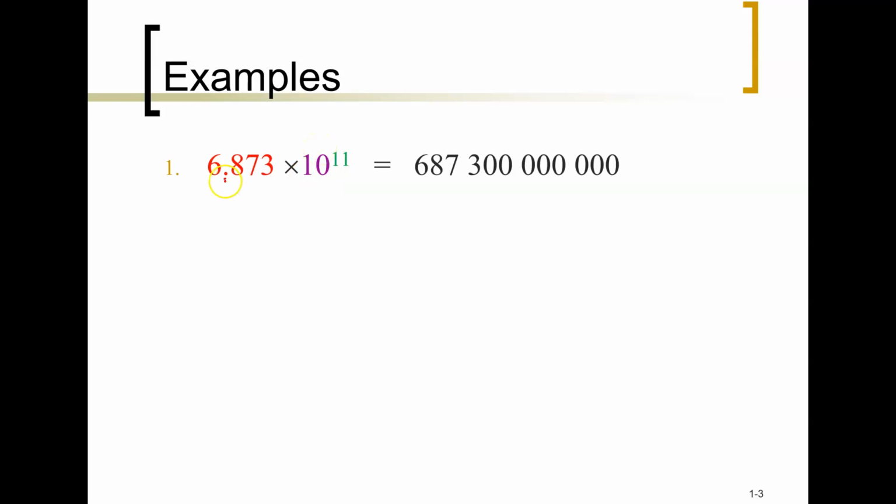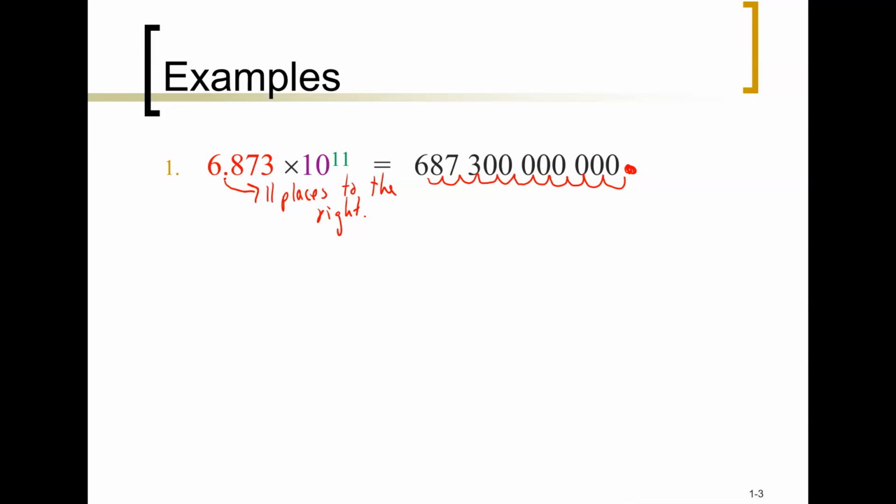So the decimal is actually 11 places to the right. And so instead of being here, it's 1, 2, 3, 4, 5, 6, 7, 8, 9, 10, 11. Right there. Okay? So that's when we want to express a very large number.